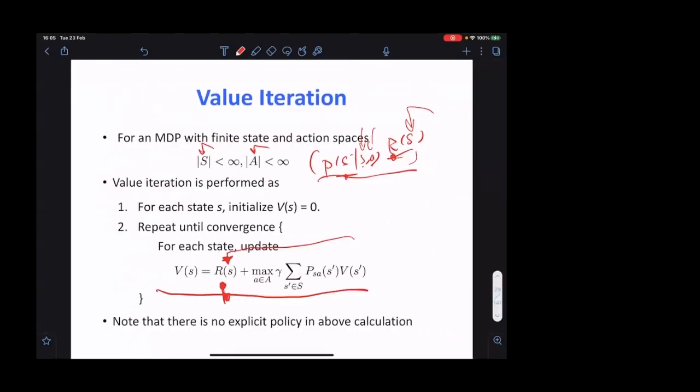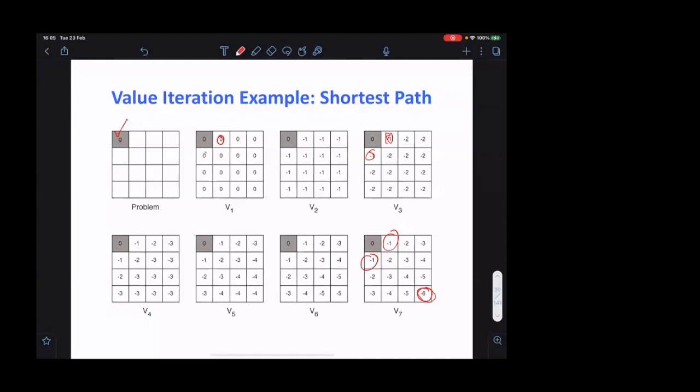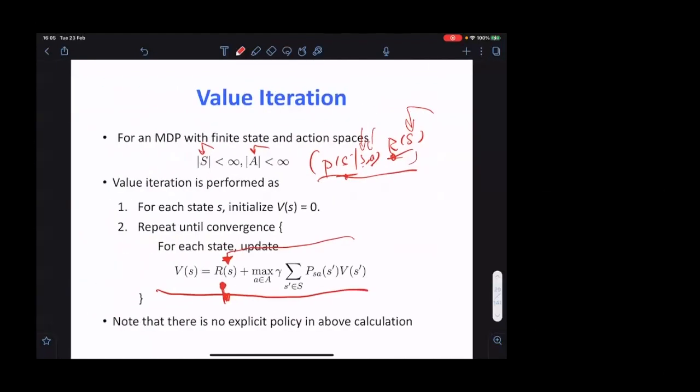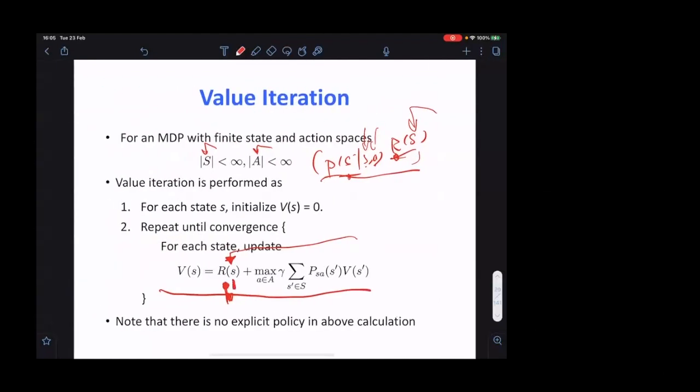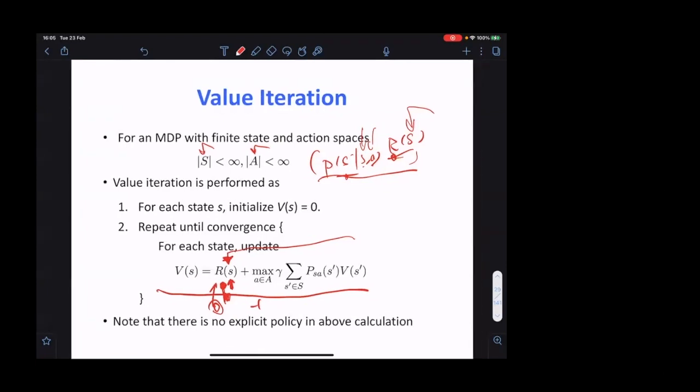But in a case like here, you would have a chance to reach that goal state, and therefore, you would have a higher reward given here. Because of that, you would have the opportunity to have that observation.